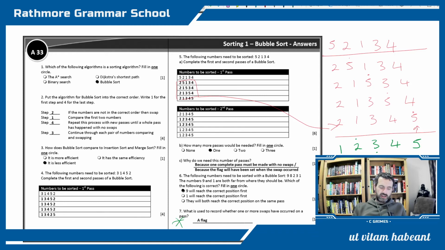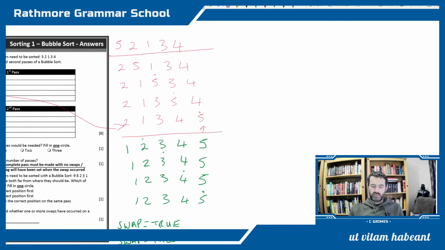So you'll see here that although it's sorted, it goes through a number of passes. You're also asked about the efficiency of the bubble sort algorithm. We know that it's inefficient, but you should be able to explain why, and it's inefficient because of the nested iteration. In this case here, we've got 5 elements in the array.